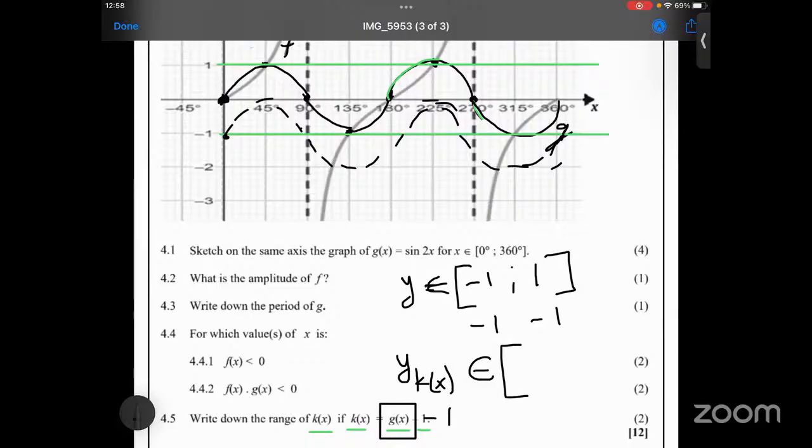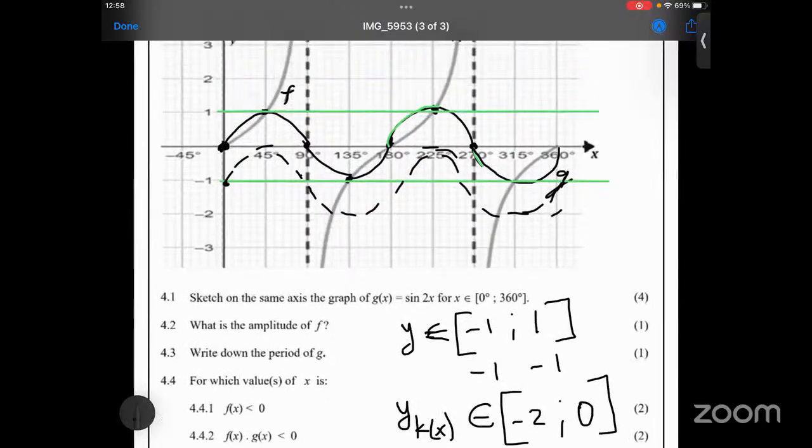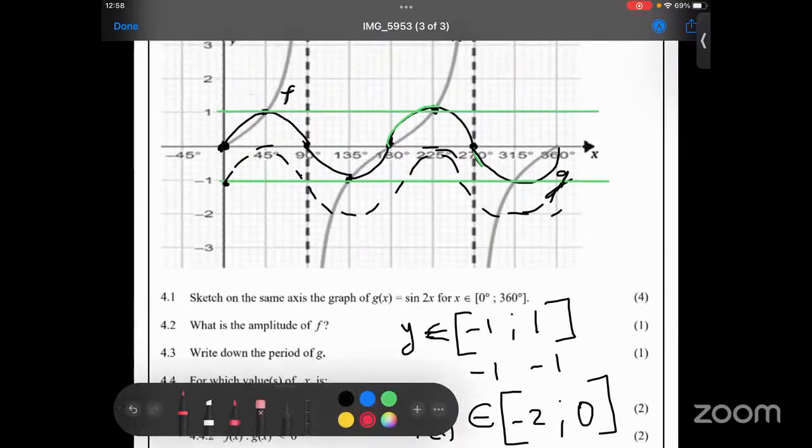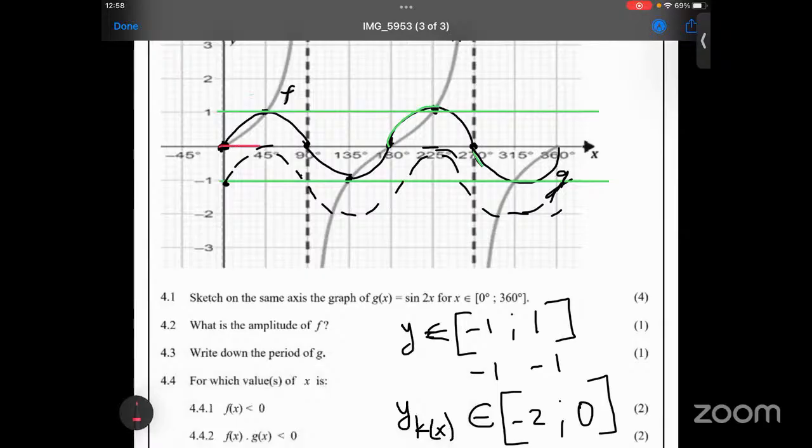It is -2. And then what is 1 minus 1? It is 0. So can you see? We are just indicating that it is now having that new range.